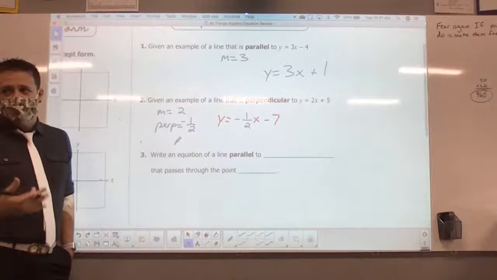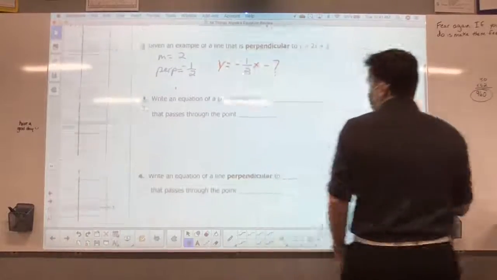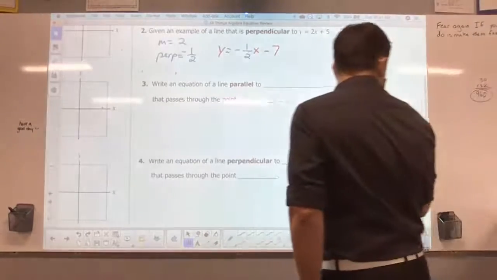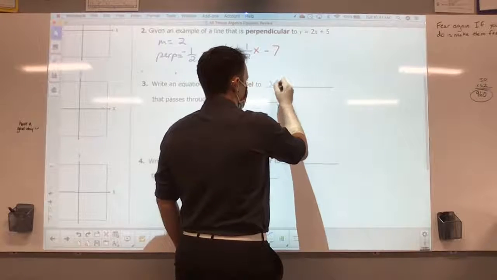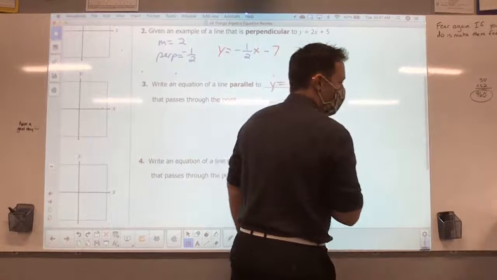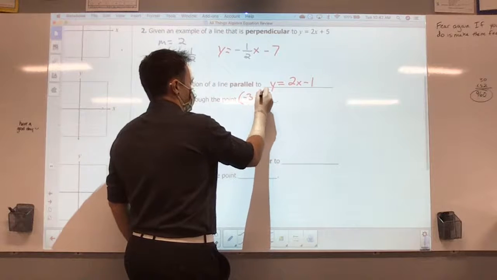Now, I have a feeling most of you got these wrong on the quiz because you couldn't do the following. Where you would have to write an equation, not this one, but number 4. y equals 2x minus 1, and the point is (-3, 1).